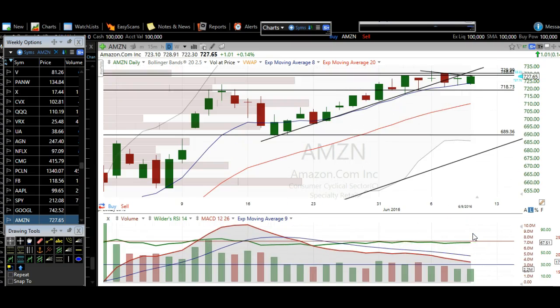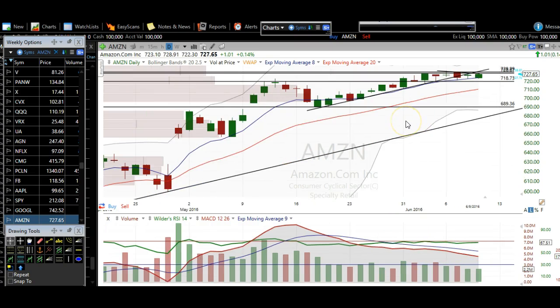As you can see, we are heading lower on the MACD even as we're heading higher on price, and we didn't make any kind of an effort to cross back above the signal line. Now the most important thing is price, so don't just blindly short based off of MACD. At least, that's not the way that I like to do things.